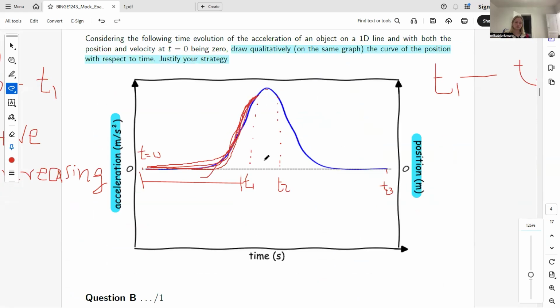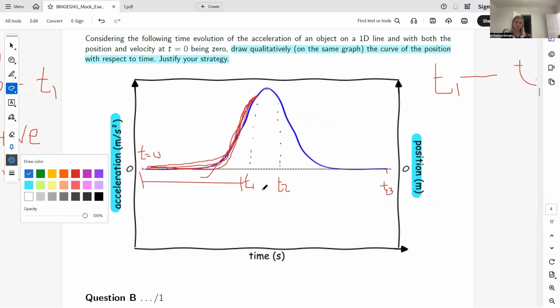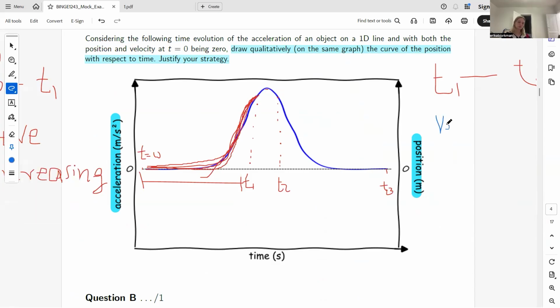From the duration t1 to t2 we are on this straight line, which represents that its velocity is constant, because if the graph is a straight line parallel to the horizontal, it shows no variation. If there is no variation, then its velocity will be constant. If velocity is constant, then what will be the acceleration? You know, the rate of change of velocity is the acceleration. If velocity is constant, then acceleration is equal to 0.